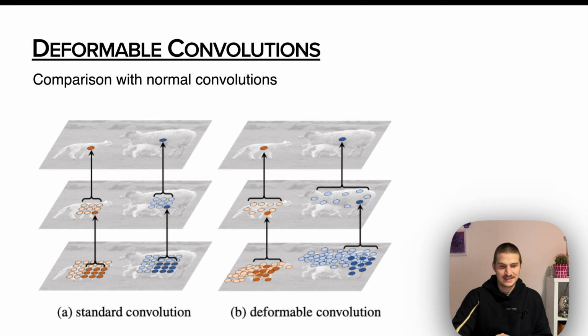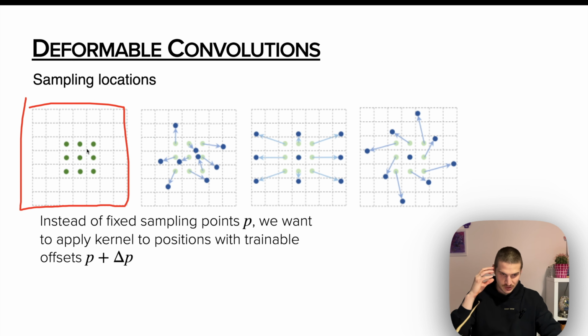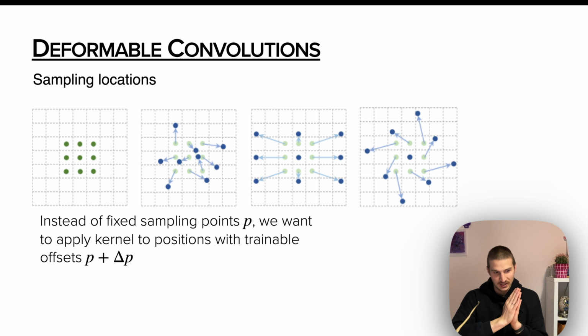Let's discuss how exactly it was done. So first of all, how normal convolution works. This is the picture to the left. So we talk of sampling points. Let's say you have an input image. The input image is going to be in 3 colors, usually red, green, blue. And then after the first layer, you would turn those 3 colors into maybe 32 channels, and then even more channels, and so on.